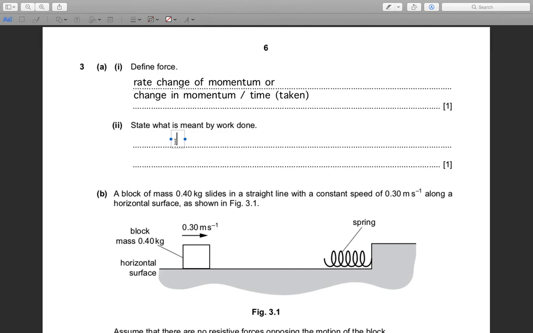Continue: state what is meant by work done. Work done is force times displacement.